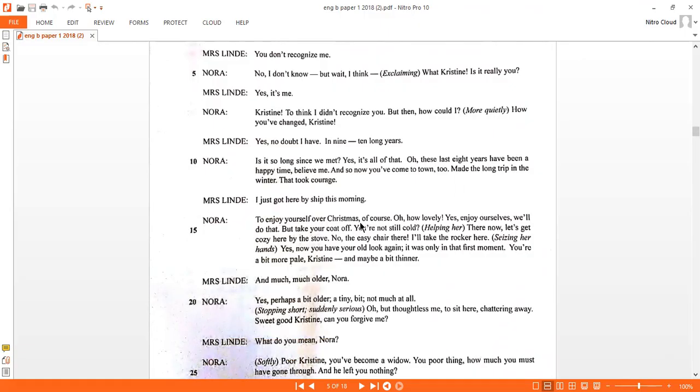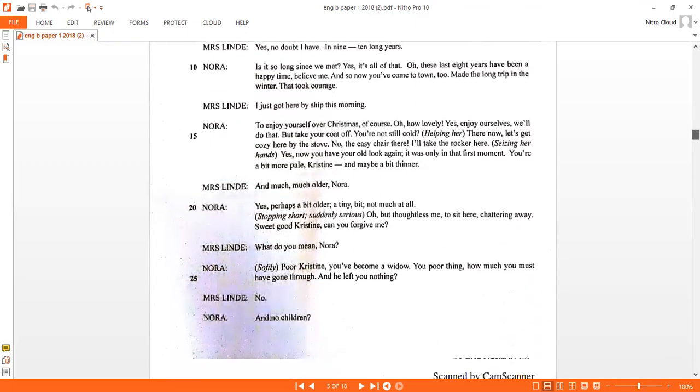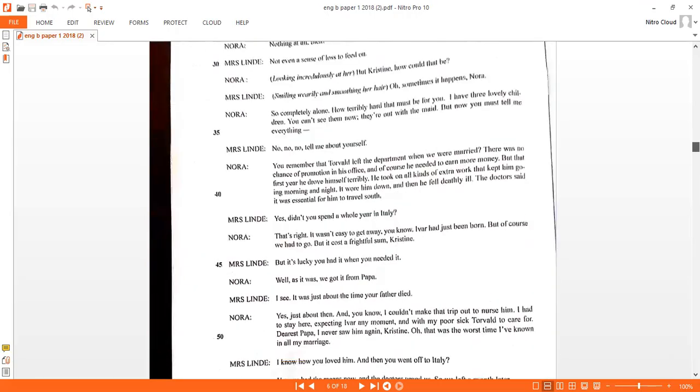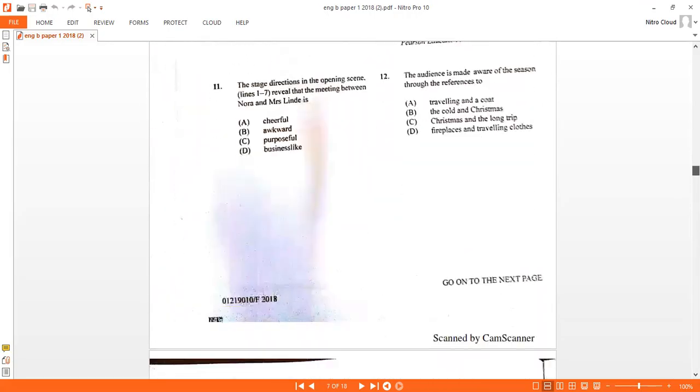And we know December is normally one of the colder months of the year. And then further on in line 15, she says, take off your coat, you're still cold. So right away, we know the answer for number 12 is B, the cold and Christmas. Those two options make us aware of the season that the story is set in.